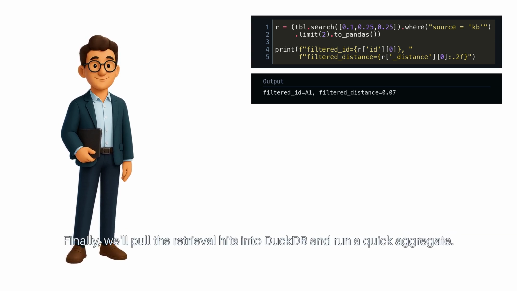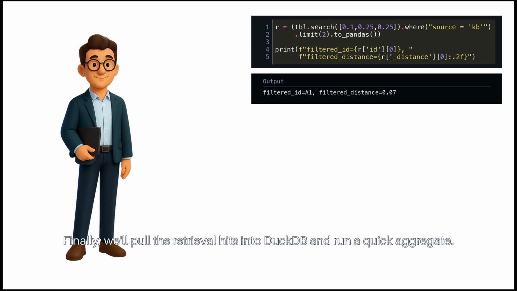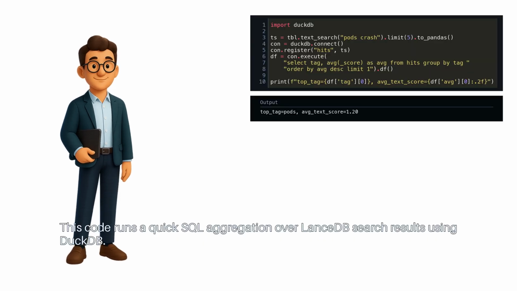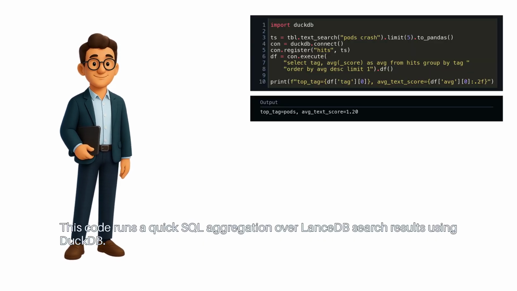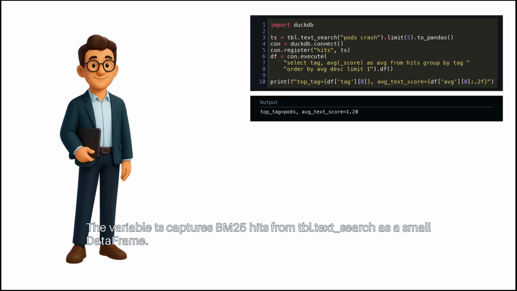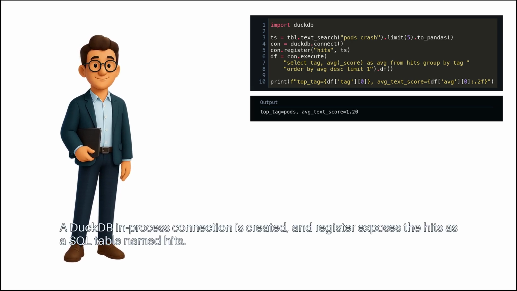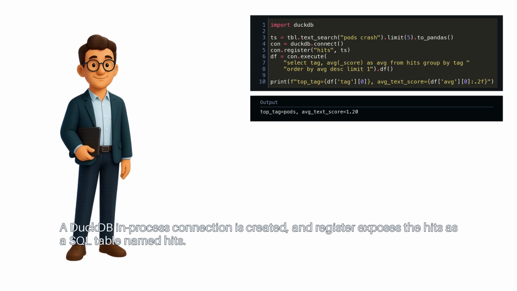Finally, we'll pull the retrieval hits into DuckDB and run a quick aggregate. This code runs a quick SQL aggregation over LanceDB's search results using DuckDB. The variable ts captures BM25 hits from tbl.text search as a small data frame. A DuckDB in-process connection is created, and register exposes the hits as a SQL table named hits.